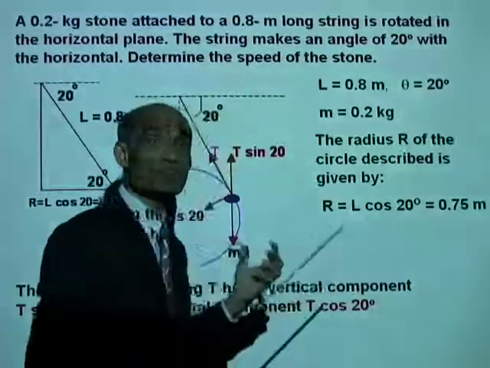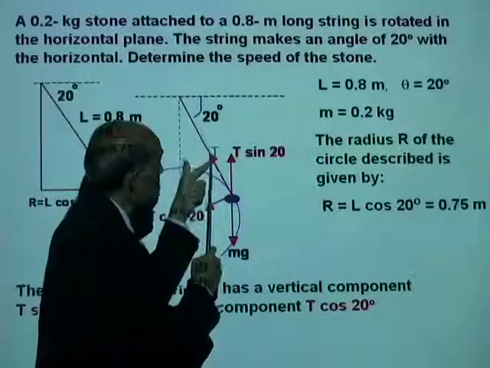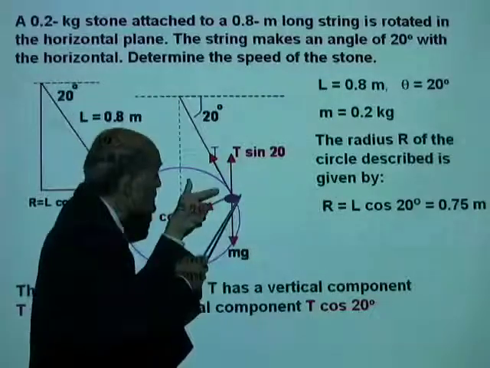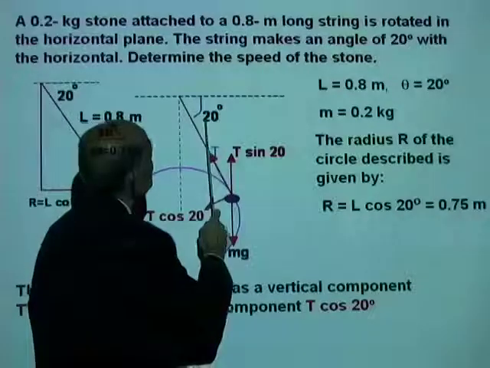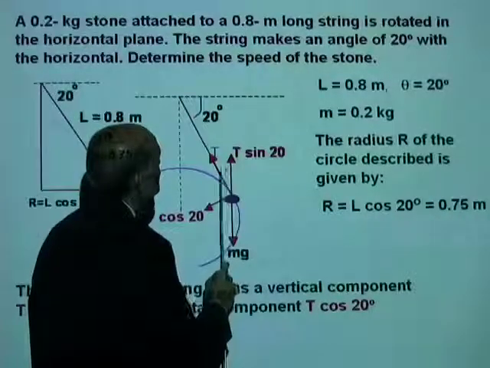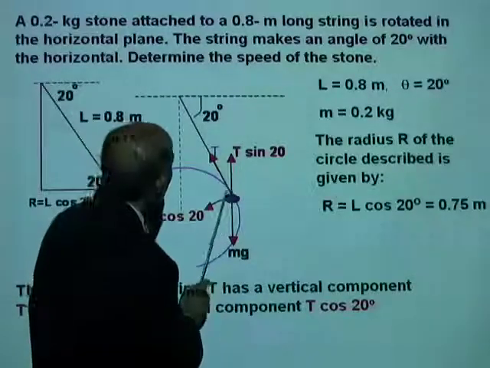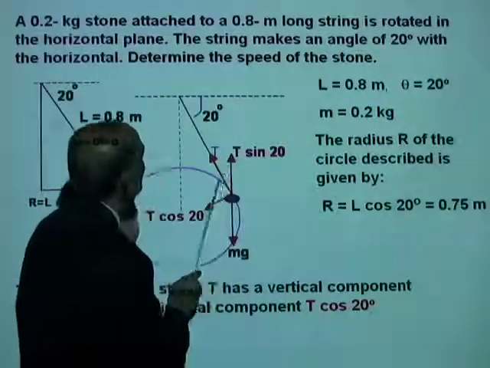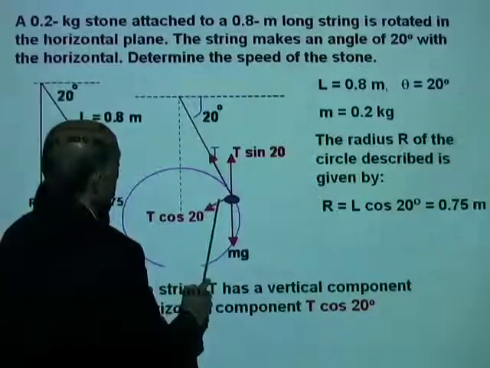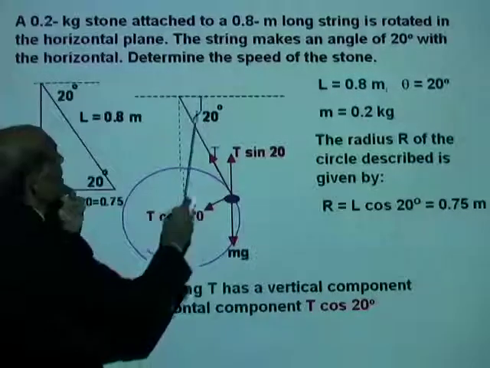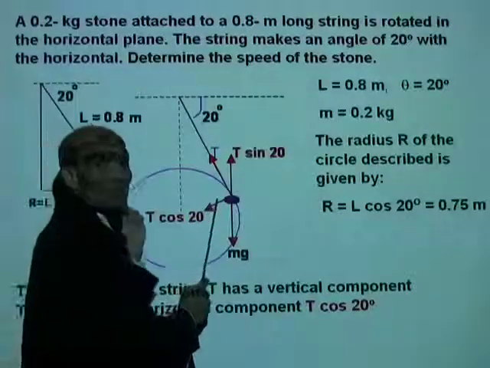Now, where is the centripetal force going to come from? The centripetal force is actually provided by the horizontal component of this. Now, if you look at this, this angle will be 20 degrees. Therefore, well, no, that angle won't be 20 degrees. We already said it is this angle that will be 20 degrees, which is this. So if this angle is 20 degrees, this will be 20 degrees.